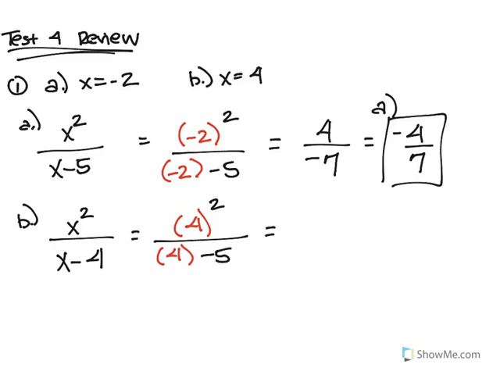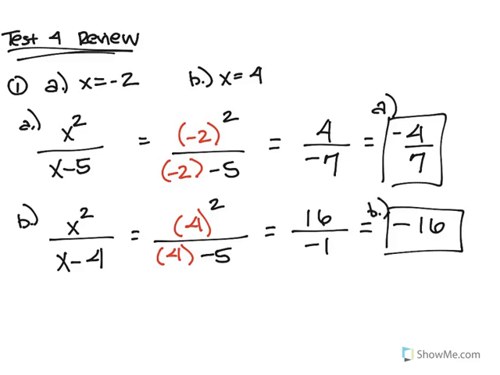And I just like to put what I plug in parentheses. But that just gives us 16 over 4 minus 5 is a -1. And that just reduces to -16. Very simple. Just plug in, and you can plug this directly into your calculator.